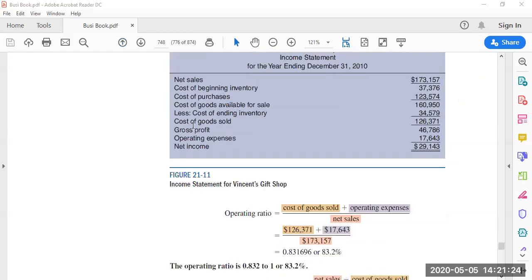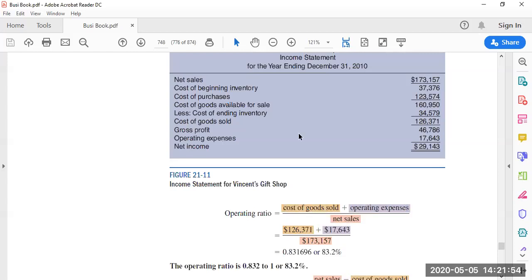The operating ratio, once again, is your cost of goods sold plus your operating expenses, all of your costs. How much it costs to produce the product, how much it costs to run your business. These are your costs. How well are your net sales covering your total costs?